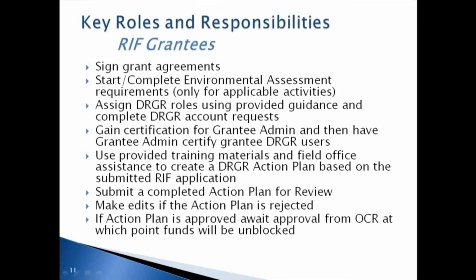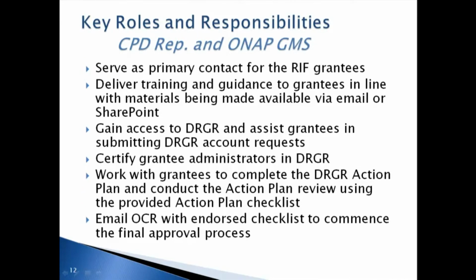Once DRGR access is obtained, the grantee must complete their action plans. GMSs and CPD reps will serve as the primary contacts for RIF grantees. Field staff are responsible for providing guidance to grantees and assisting with gaining access to DRGR.